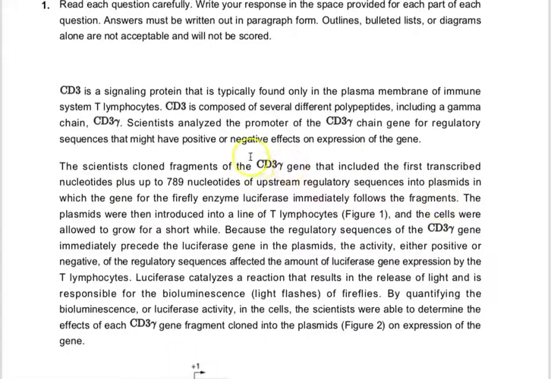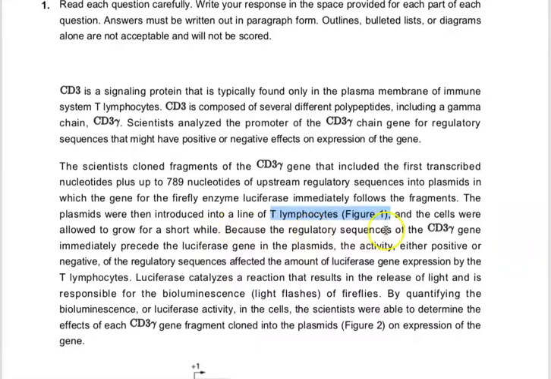Okay, so they put this regulatory gene sequence into a plasmid, and right after this regulatory gene sequence, there was a sequence that coded for the enzyme luciferase, which is an enzyme of a firefly. Okay? The plasmids were then introduced into the line of T lymphocytes, figure 1, and the cells were allowed to grow for a short while.